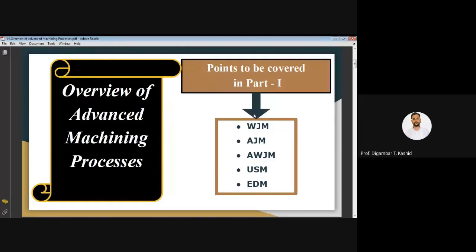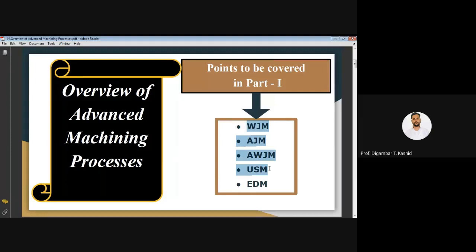First is abrasive jet machining, then water jet machining. In short, AJM, WJM, and the combination of those two is called abrasive water jet machining, AWJM. And the fourth one is ultrasonic machining. So these four processes belong to the mechanical energy based processes.